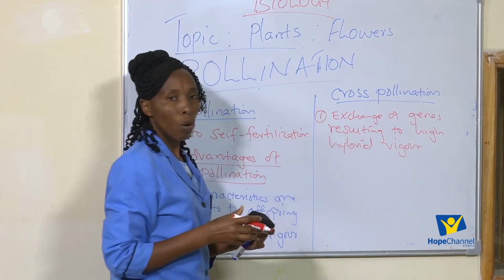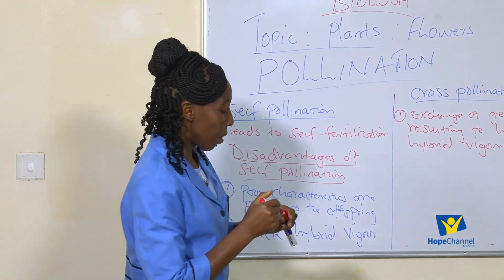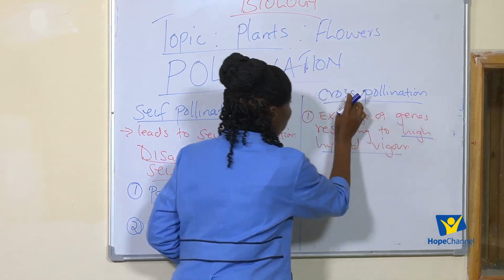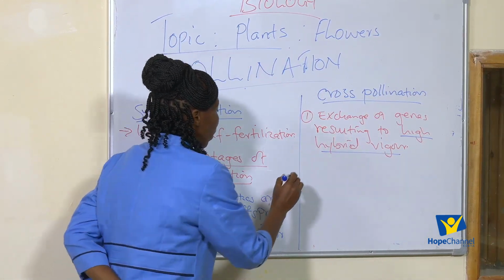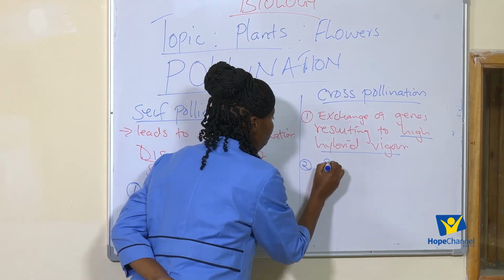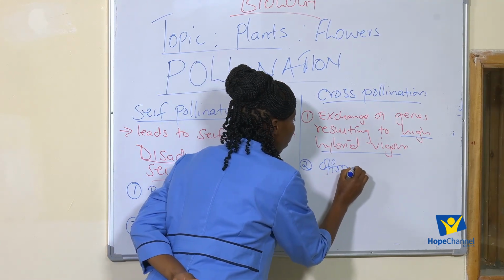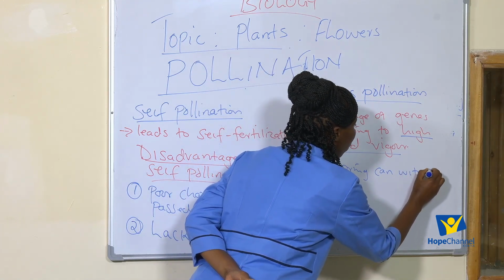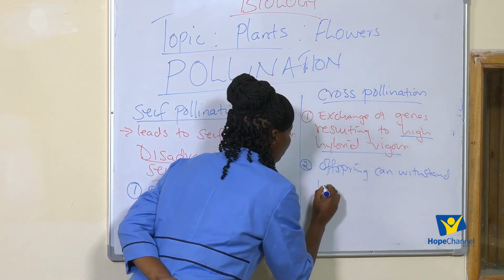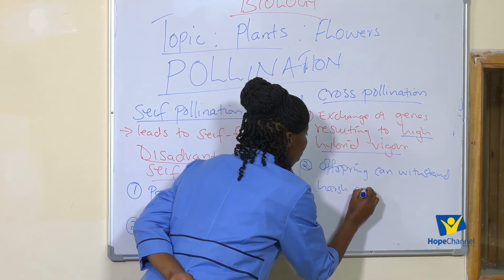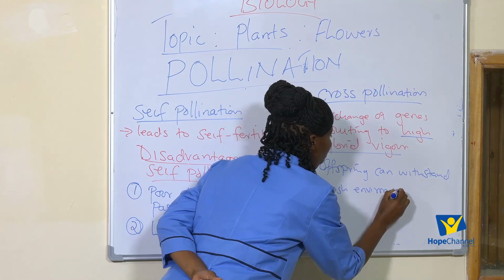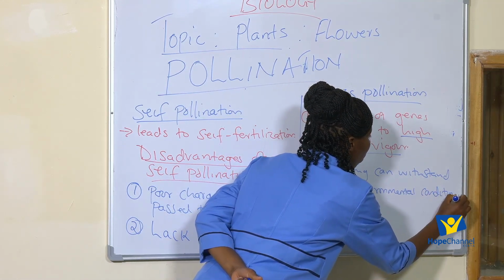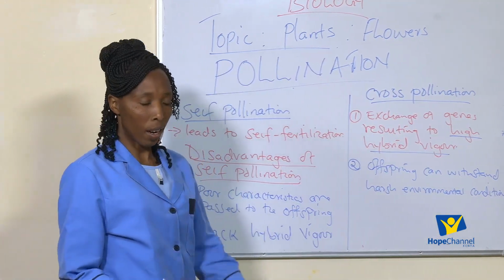Okay? Having a high hybrid vigor due to cross-pollination, the offspring can withstand harsh environmental conditions. Okay? They have better characteristics.